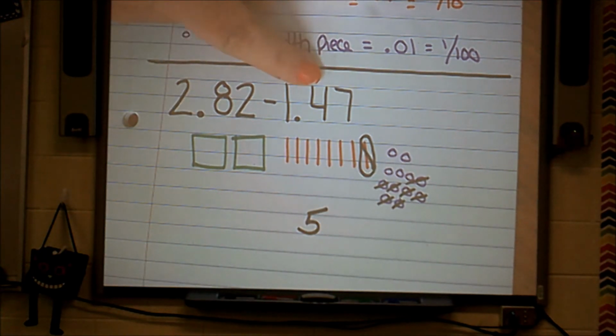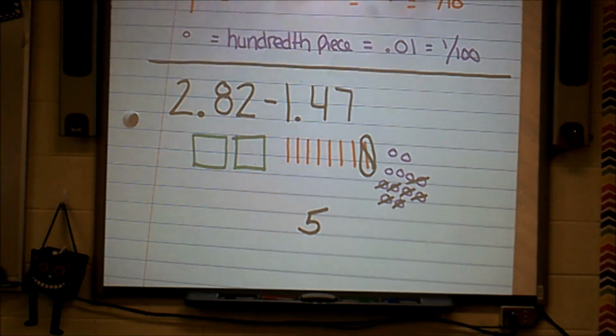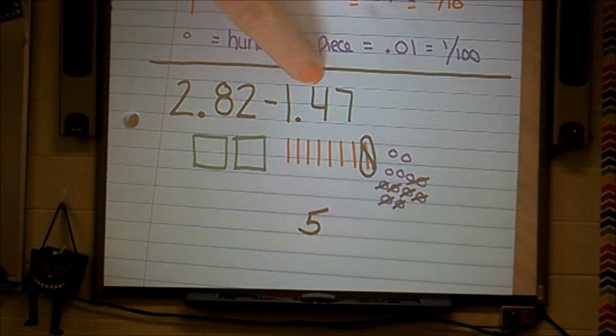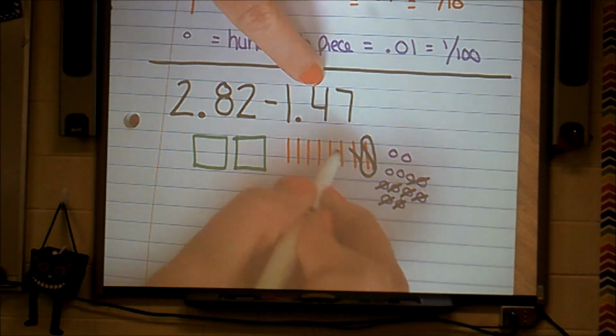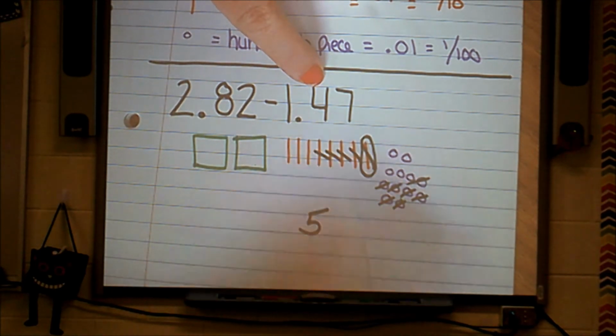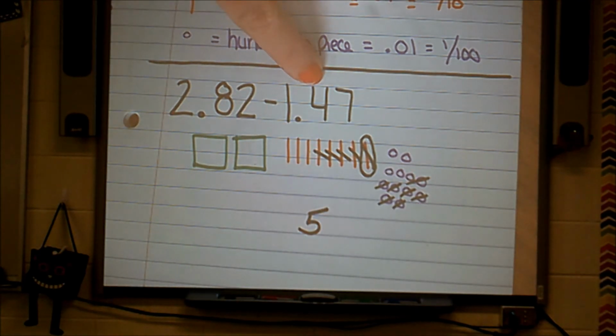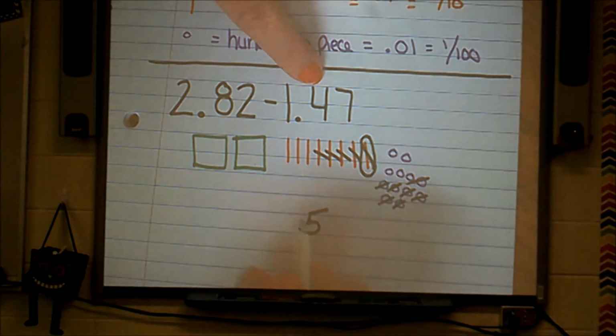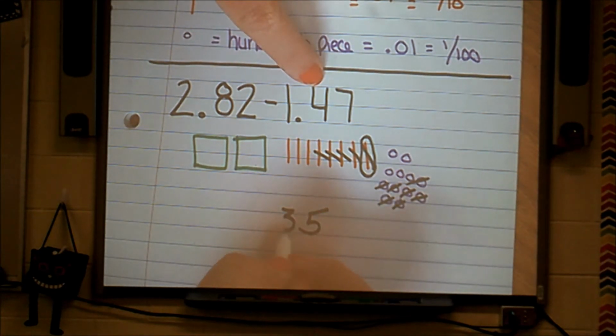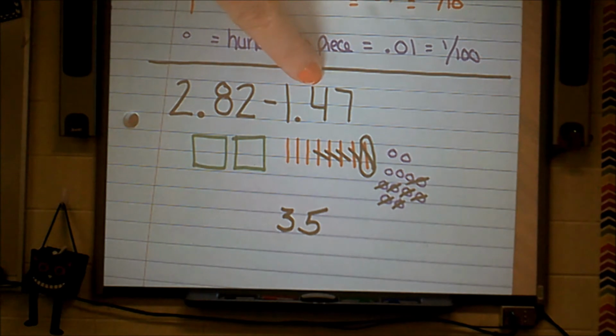Now I'm going to subtract 4 tenth rods. Well, I have 7 of them left, so I have plenty to be able to subtract. So I'm going to cross out 4 tenth rods. 1, 2, 3, 4. Once I do that, I have 3 tenths left. So in my tenths place, I'm going to write a 3.